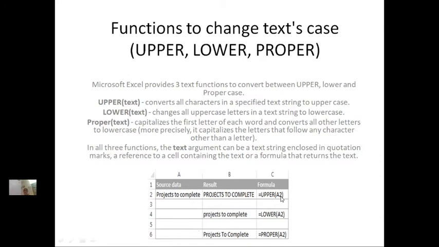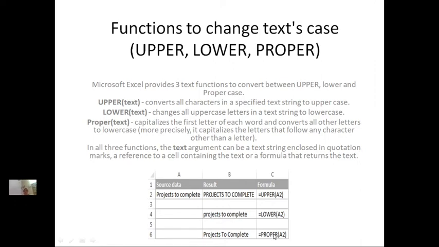Okay. Now let us go to the next function, which is LOWER A2. What is happening here? When you say LOWER A2, the uppercase text is converted into lowercase characters here. Okay, projects to complete in small letters.